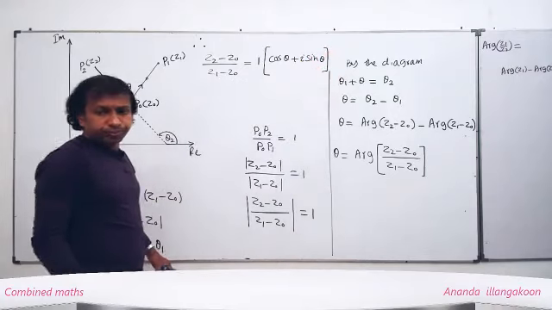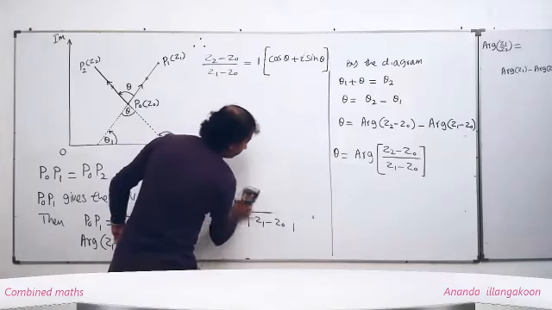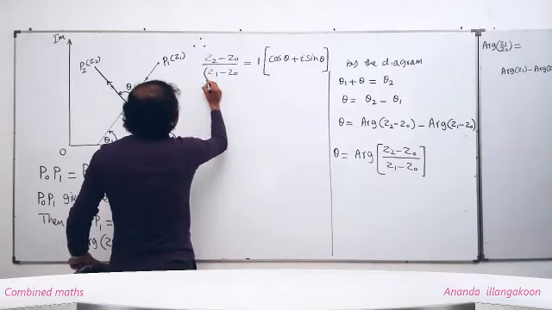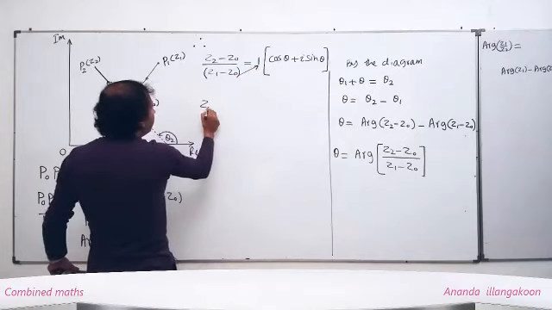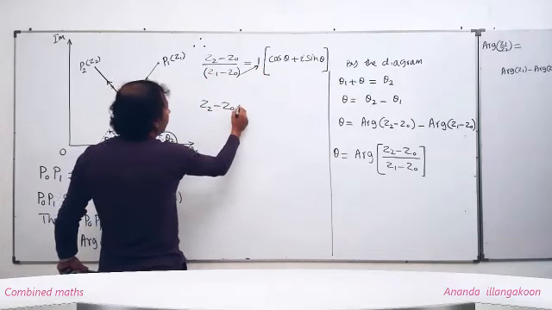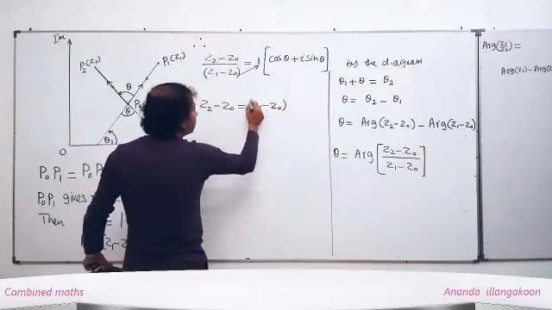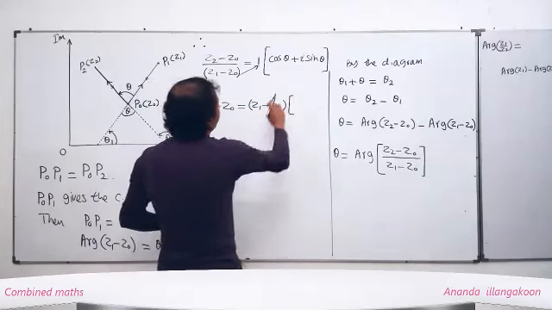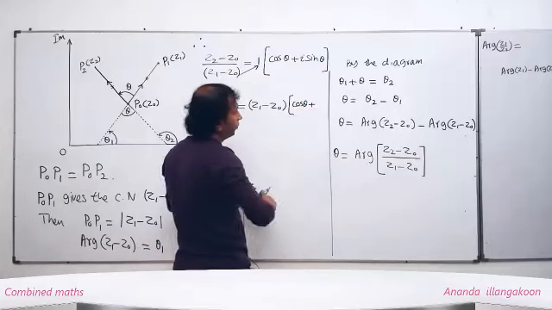Right? This is how we can write that complex number. Now you can use cross multiplication to this end. Then Z2 minus Z0 is equal to (Z1 minus Z0) times (cos theta plus i sin theta). Right?